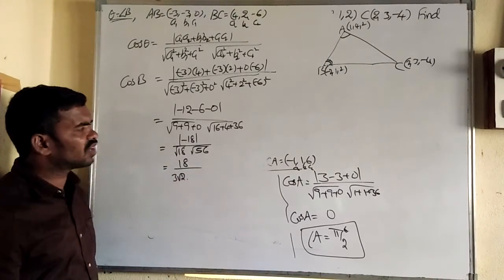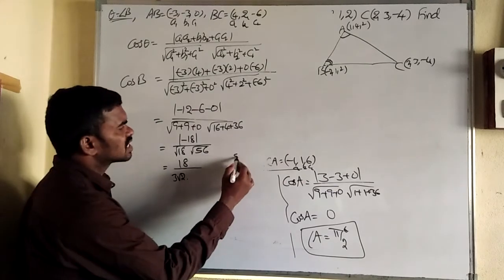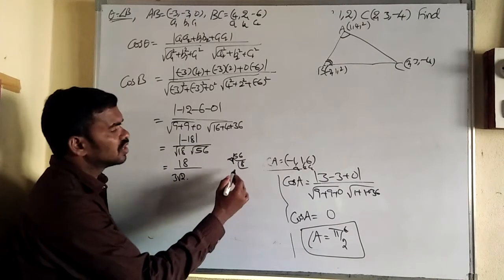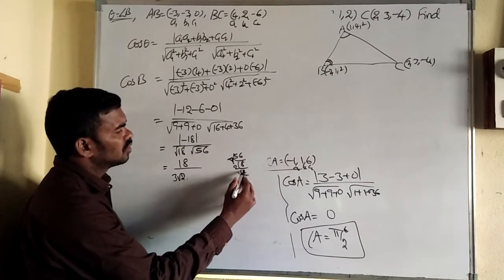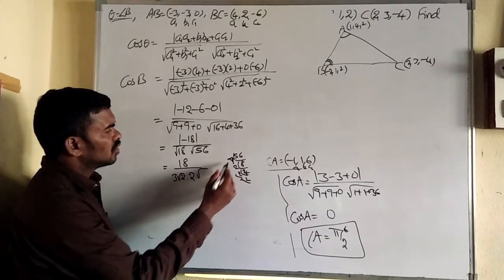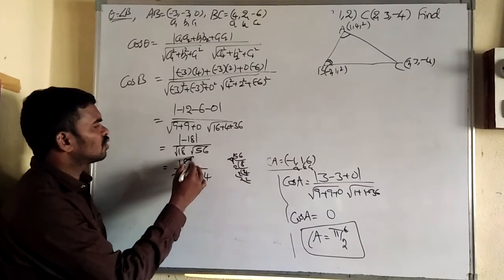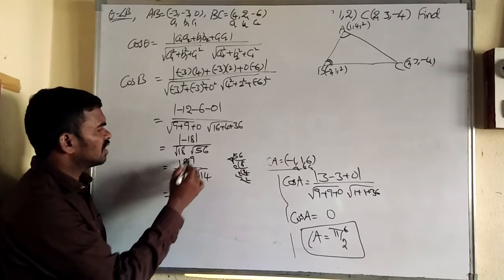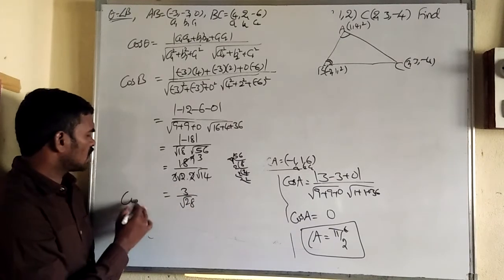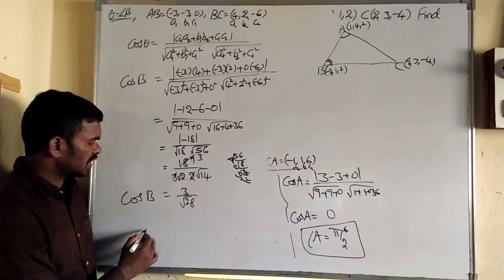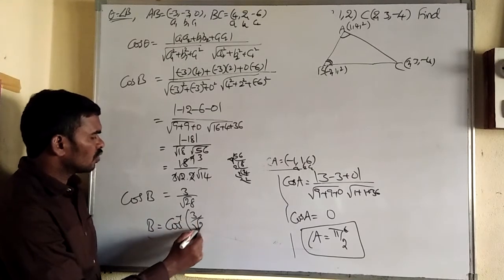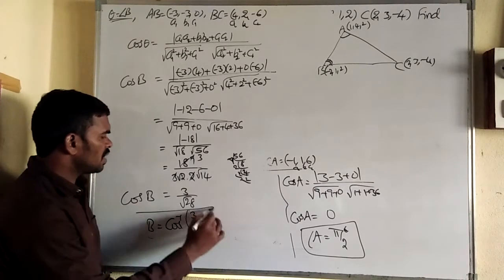Root 56 means what? 56 is 2 into 2 into 2 into 7. For the two 2's we can write one outside, and the remaining 2 into 7, 14, we can write inside. We get 3 by root 28. So cos B equal to 3 by root 28. Then B equal to cos inverse 3 by root 28. This is the angle B.